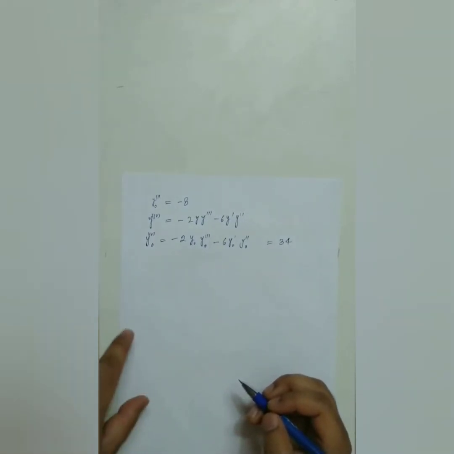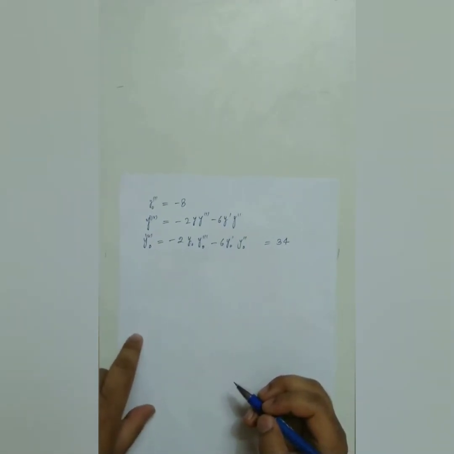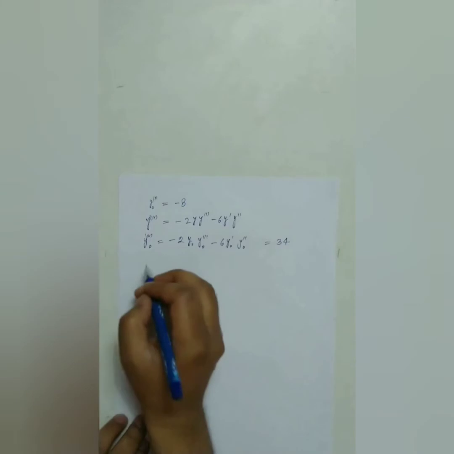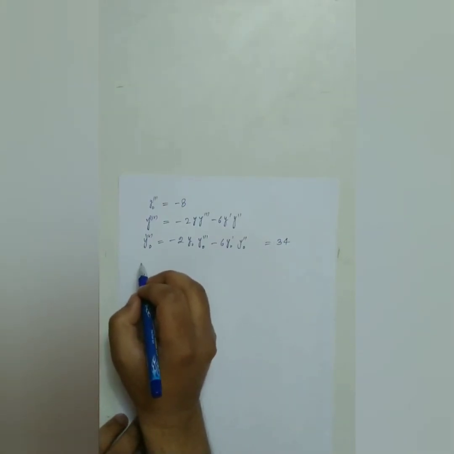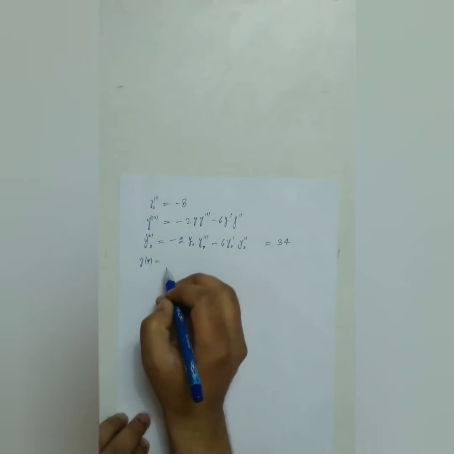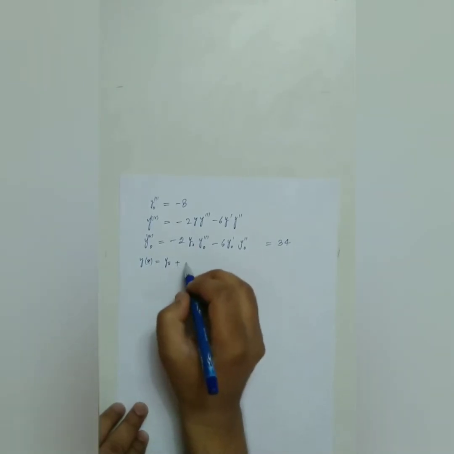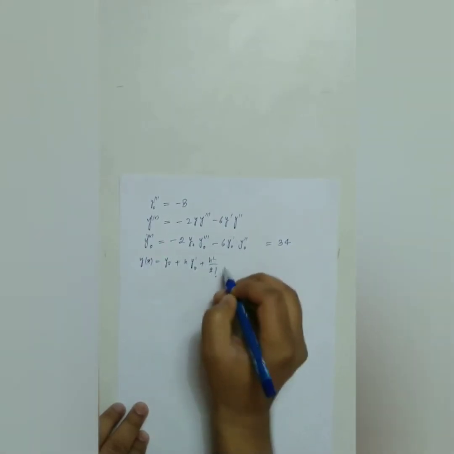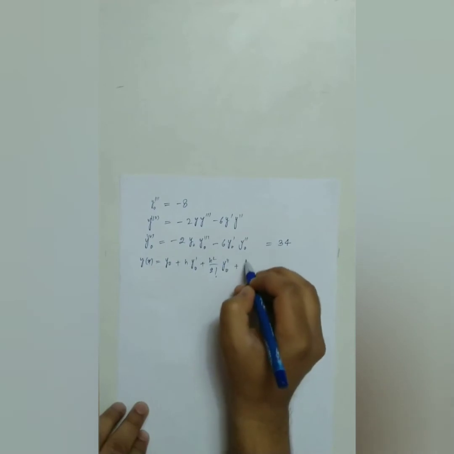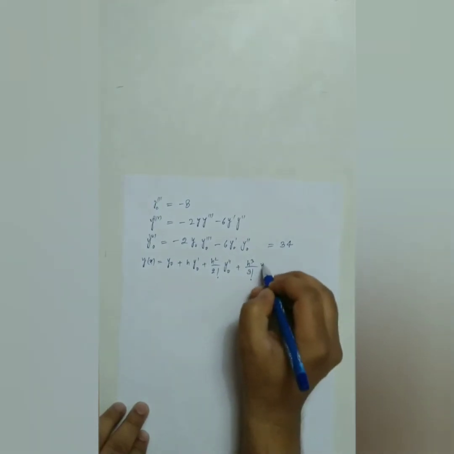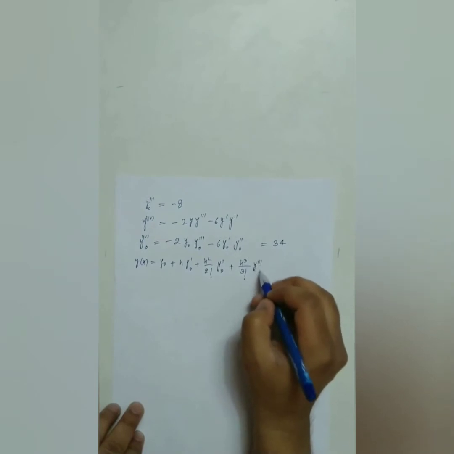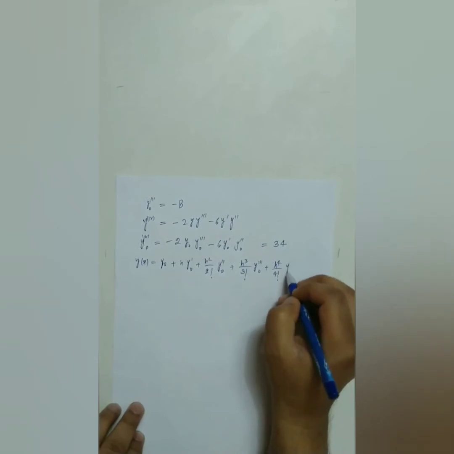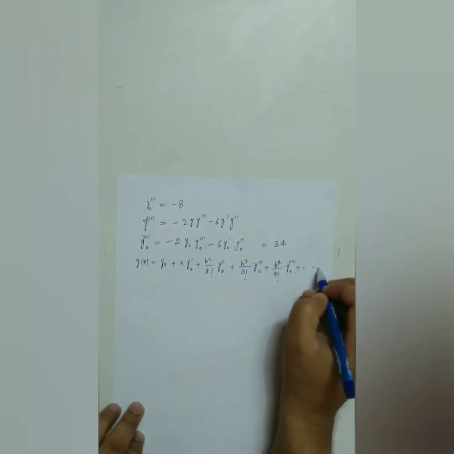As we have found y dash, y double dash, y triple dash and y4 at 0, x naught, now we will use the Taylor series to find y at 0.1. First of all, I am writing the Taylor series again, that y x is equal to y0 plus h y dash 0 plus h square upon 2 factorial y double dash 0 plus h cube upon 3 factorial y triple dash 0 plus h to the power 4 upon 4 factorial y fourth derivative 0 and so on.